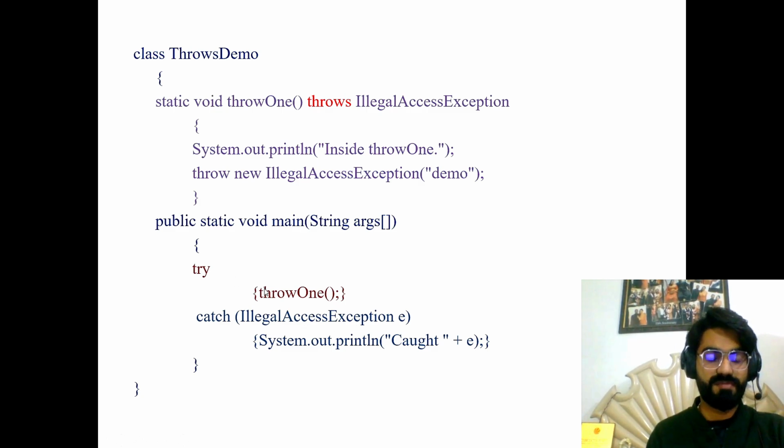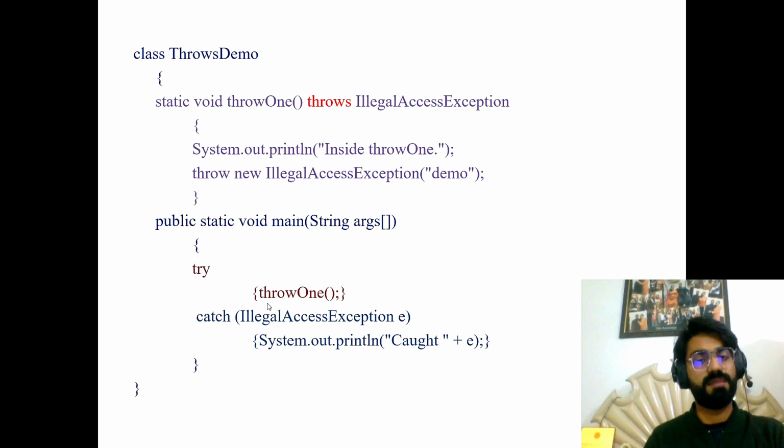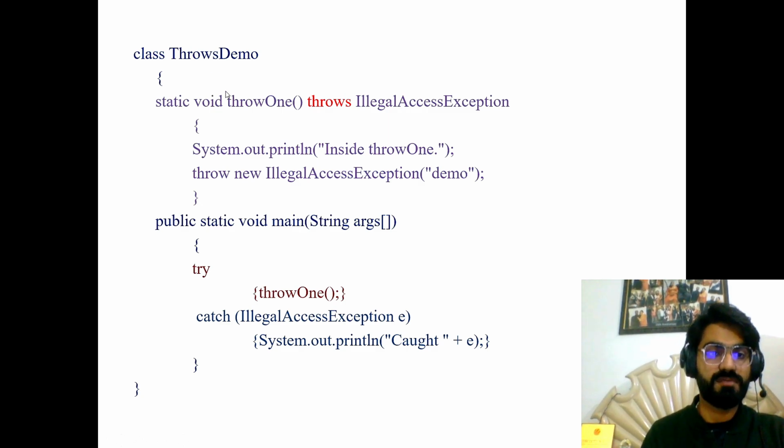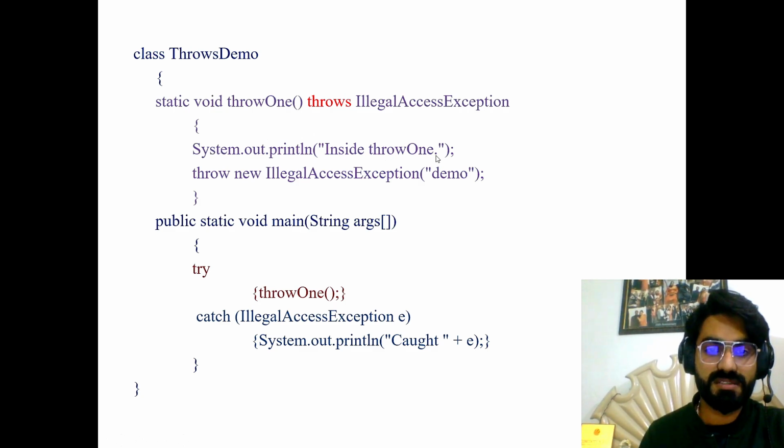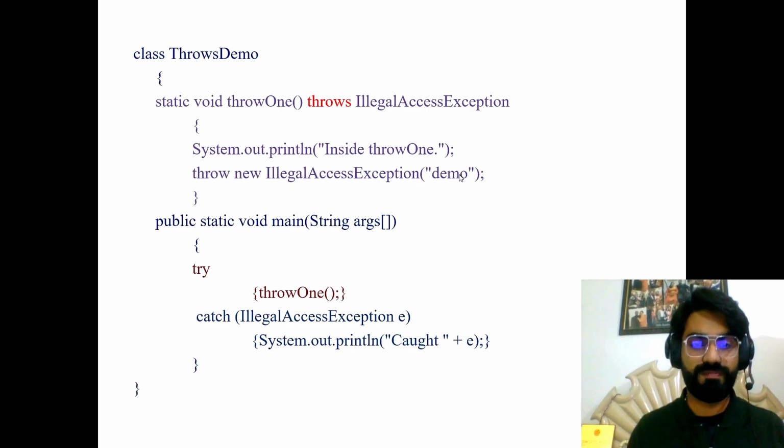So as per my compiler thinking, I came to the try block, I came to throw one, and then I reached this. Throw one throws illegal access exception, which means that inside throw one, I throw new illegal access exception with a message called demo. Now if I print like this, it will say caught demo.